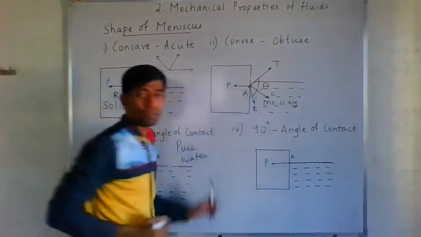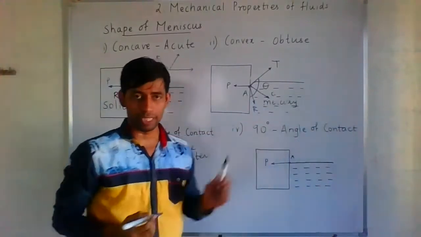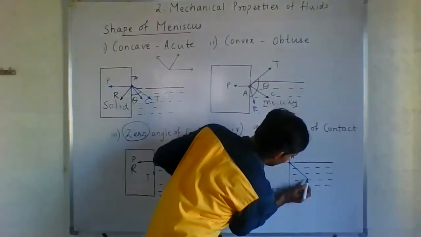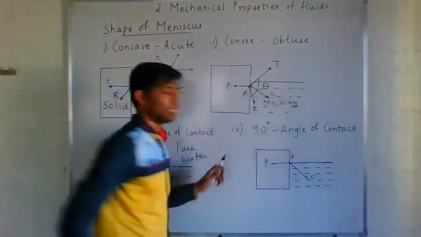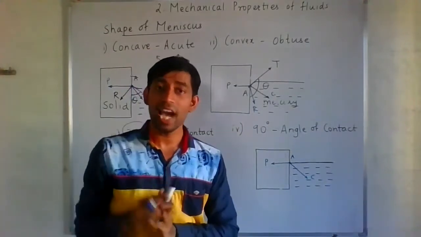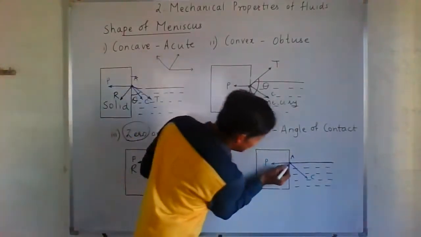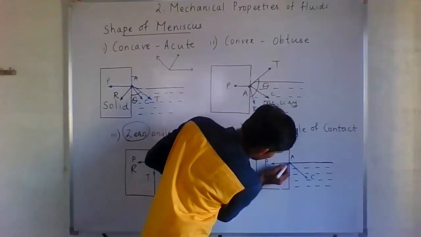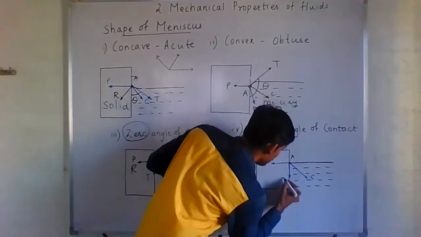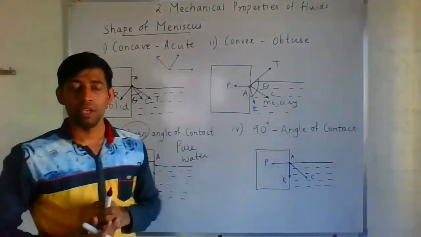This is AP, resultant of adhesive forces. Let us consider we have AC over here, which is resultant of cohesive forces, and our AR should come exactly along this surface of solid. This is our AR.